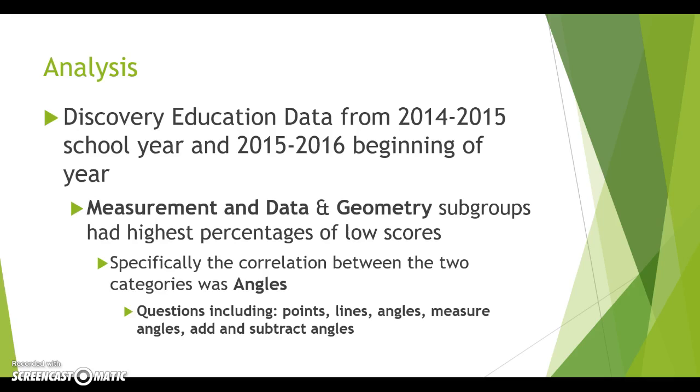So some of those questions that I looked at, including the points, lines, angles concept, the measuring of angles, and then also adding and subtracting of angles. So I figured if they can have a stronger basis and more comfort with angles, then they can get into further concepts like adding and subtracting angles.